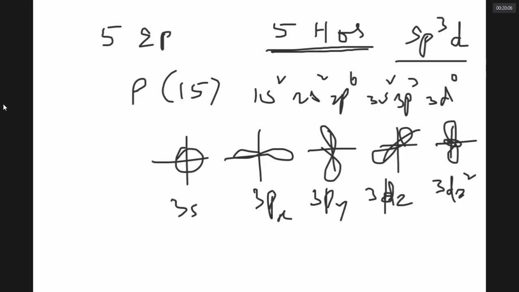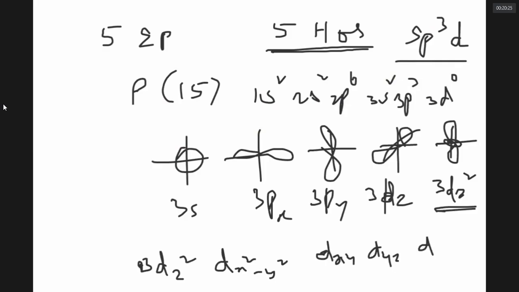Why have I chosen only 3dz square? Why not 3dxy? Out of 5 d orbitals, dz square, dx square minus y square, dxy, dyz, dzx, for hybridization I use dz square, but not dxy, dyz, dzx. Why only dz square, sir? Every d orbital has a double dumbbell shape.